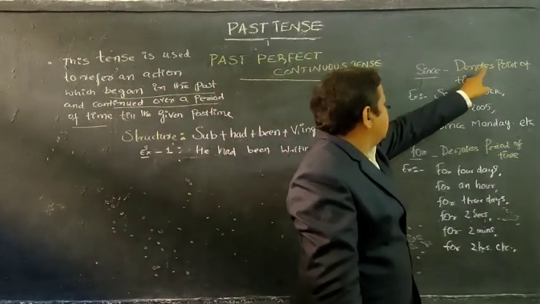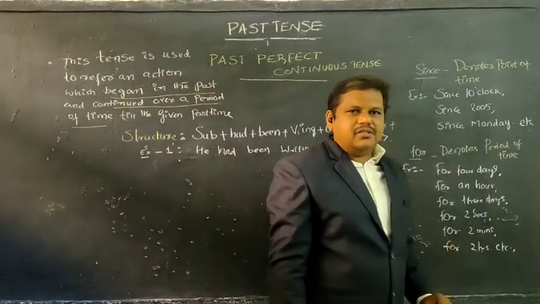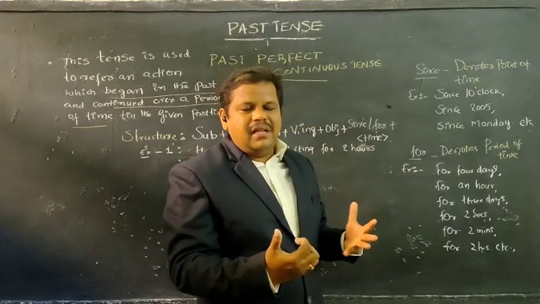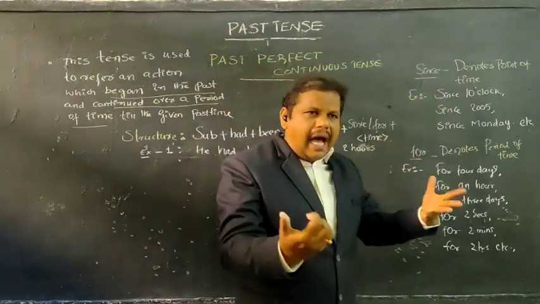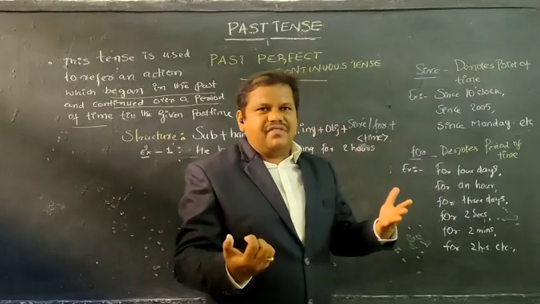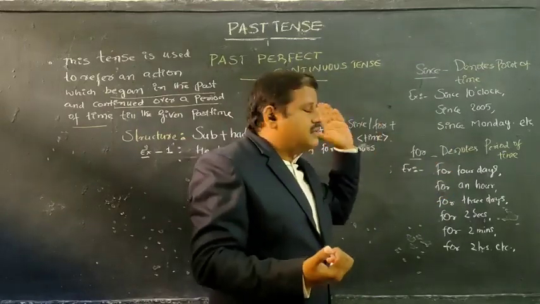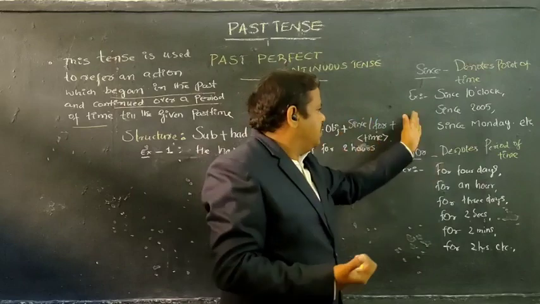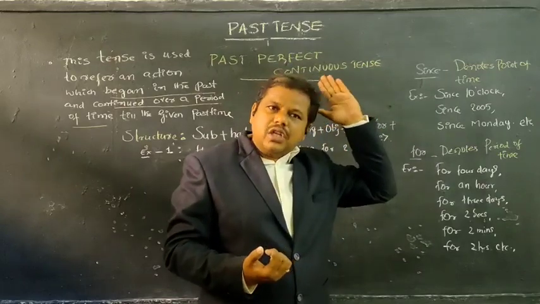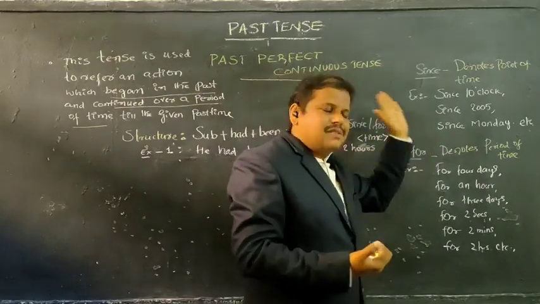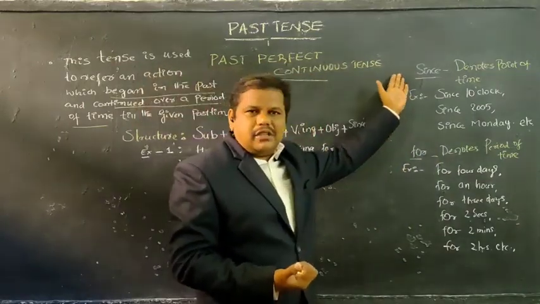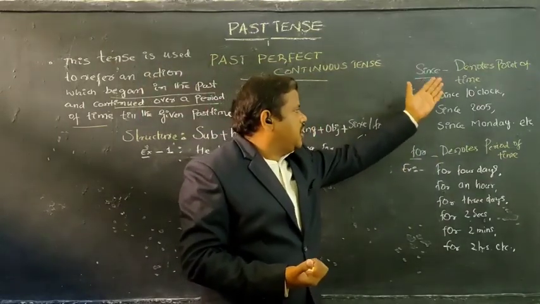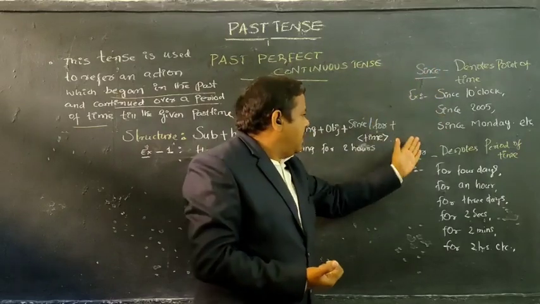Since denotes the point of time. Let us see some examples, you will understand. Since 10 o'clock, since 2005, since Monday, etc. These are used with since, which denotes a point of time.